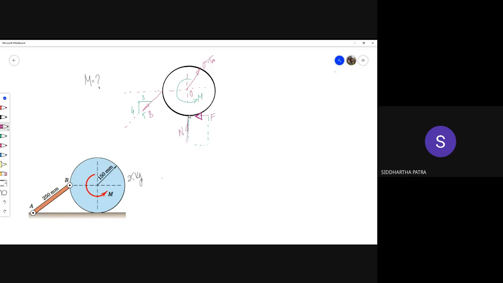And just because there is a normal force and the disk weighs a certain value, how much would that be?